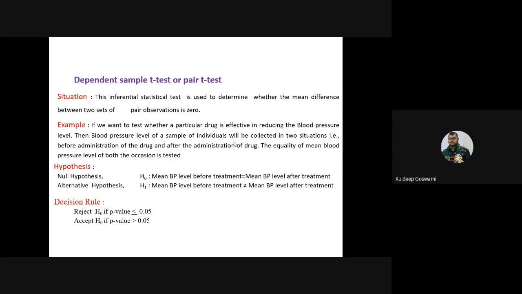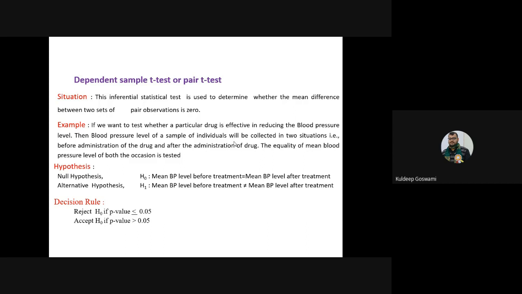In the first sample, they collect data before giving the drug. In the second sample, they record the data after giving the drug. Okay. Here also we have two different samples, sample 1 and sample 2. But the difference is that the patient is the same.